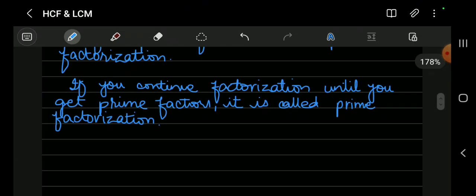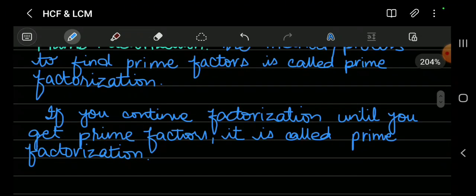Okay, good enough. This is another way to define prime factorization.